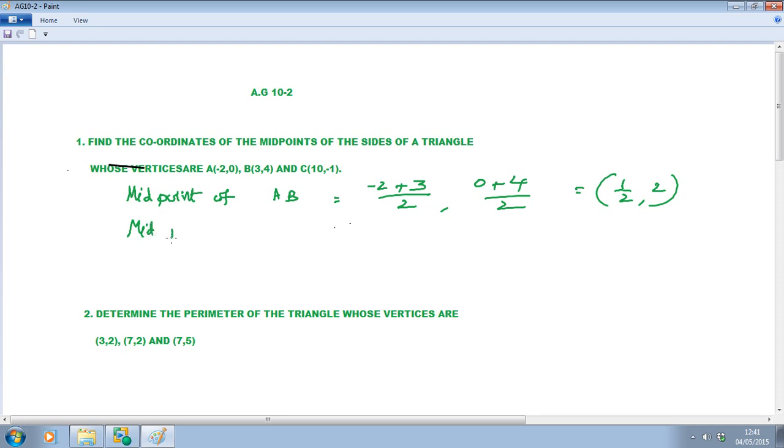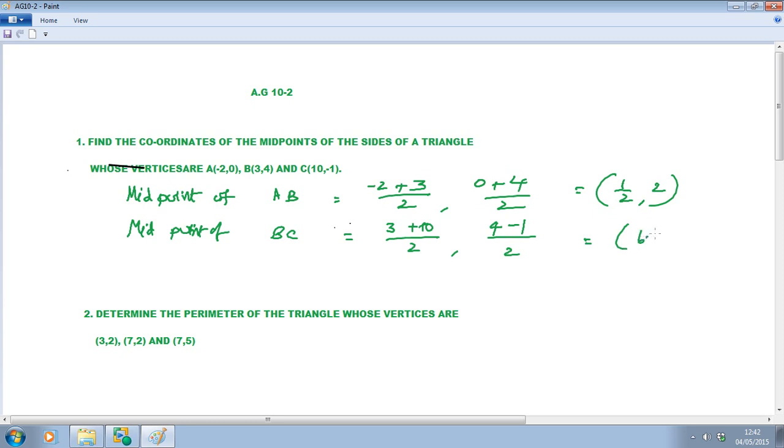So what is the midpoint of BC? It is equal to (3 plus 10) divided by 2, comma, the y coordinate is (4 minus 1) divided by 2, which is 13 by 2.